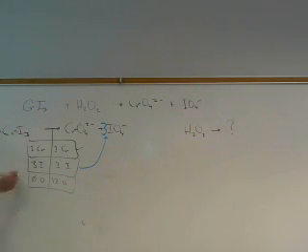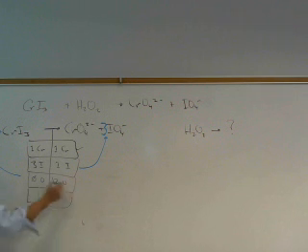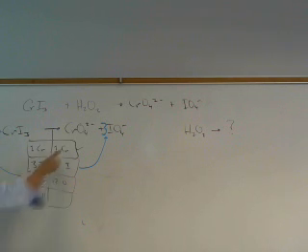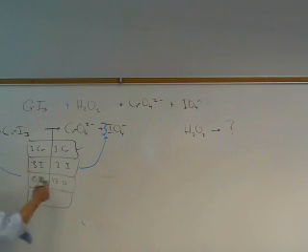16. Yeah, and then we have 12 times 2 is 24 hydrogens. 16. You forgot the O in the chromium. That's right. 16 oxygens, thanks.